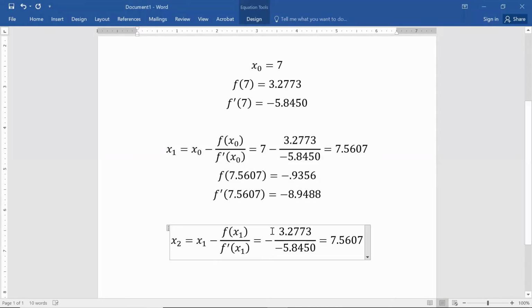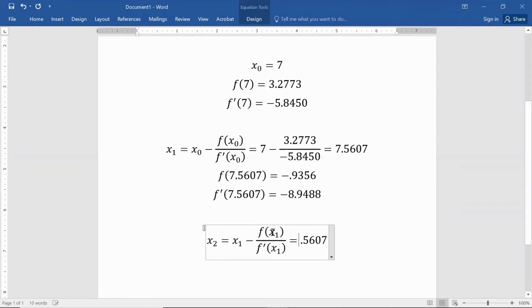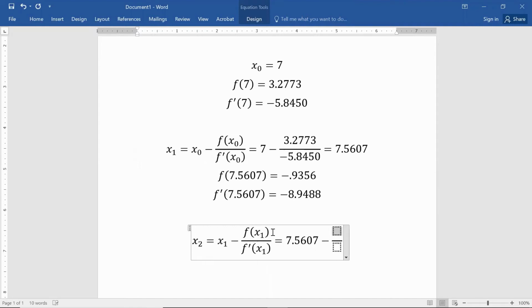All right, so take 7.5607, subtract your fraction. Our fraction here is negative 0.9356 divided by negative 8.9488.